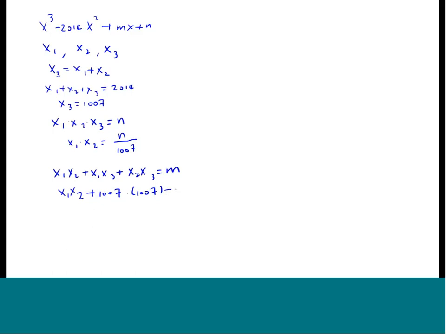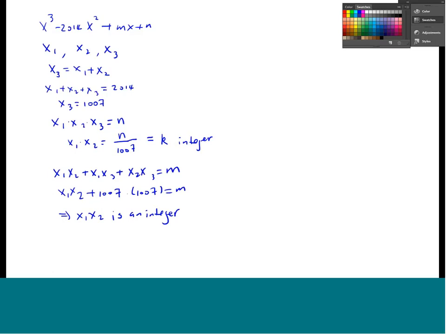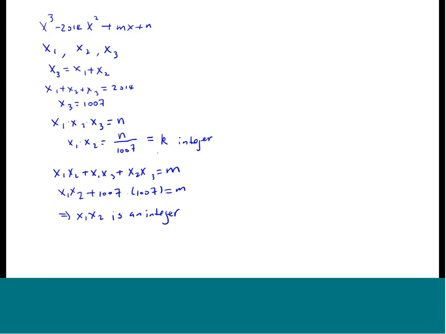So you get x1 times x2 is an integer, which means n over 1007 is an integer, right? Okay. For some k, we don't know what it is. So now you need to figure out how many k you have.